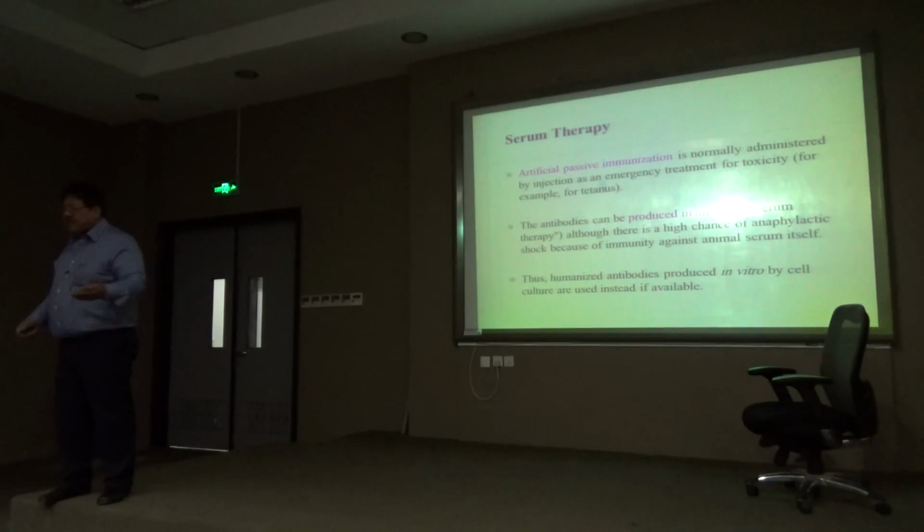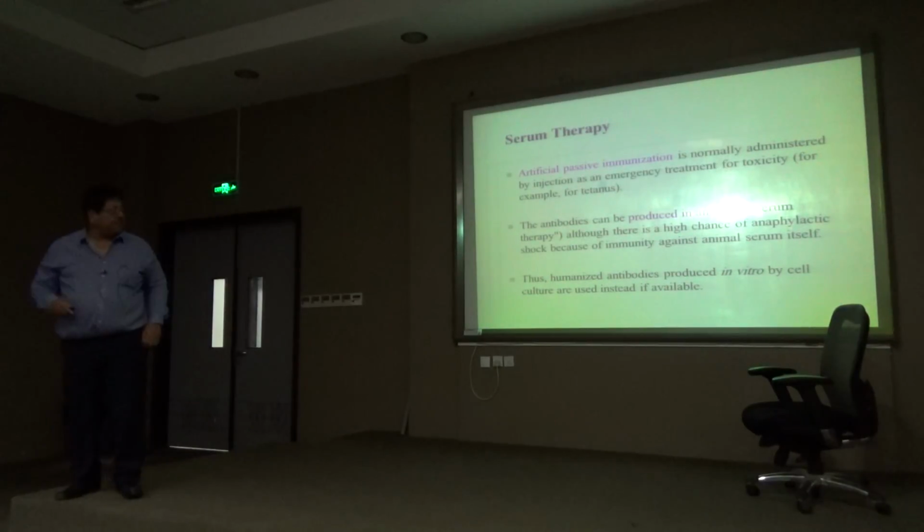You can't treat the patient because you don't know if he has the infection or not. What you can do is give interferon, gamma interferon, so that if there is a virus, it will not replicate. Later on you can pump in antibodies. If there is anything which has been created, it has to be neutralized. All right? So you try to protect the patient from that point of view.